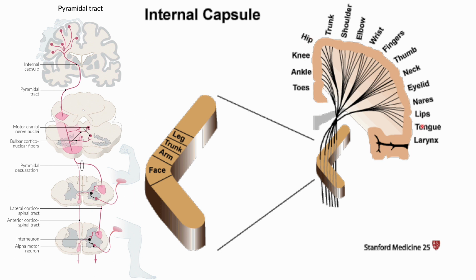So the entire side of the body gets affected and not just the part of the cortical branch. That's the difference between cortical strokes and capsular strokes.